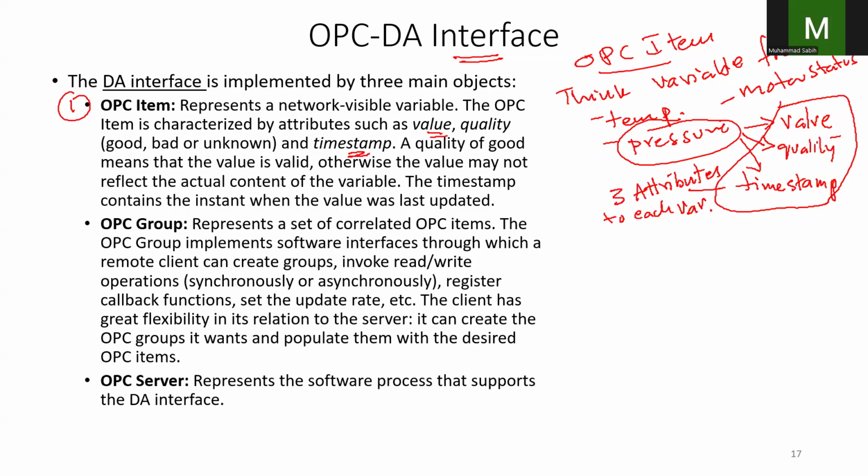So we have a value, a quality, and a timestamp. Together these three attributes define the variable.